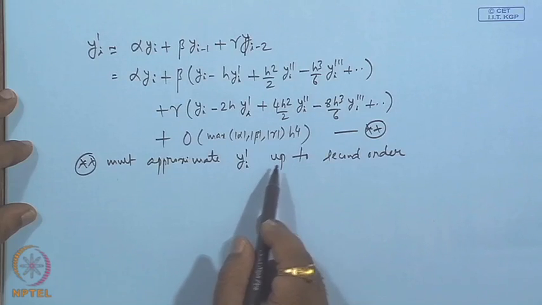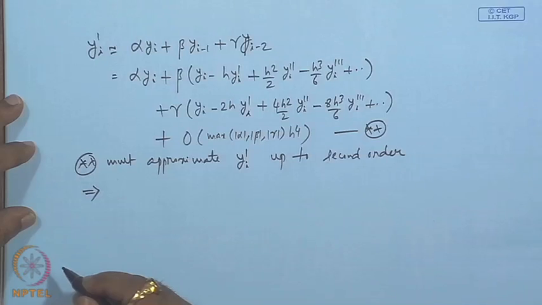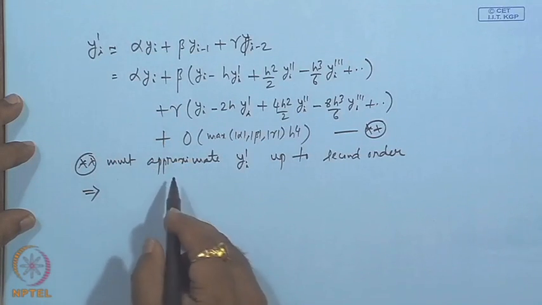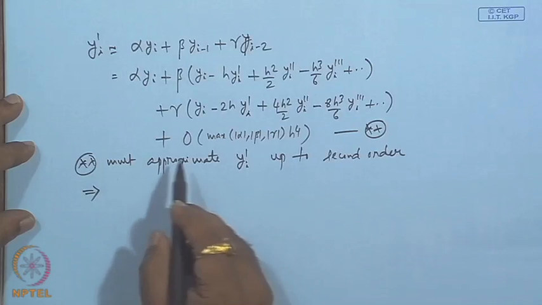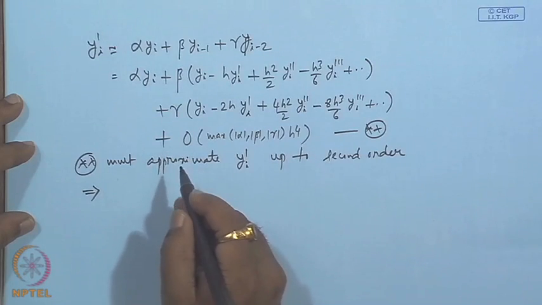Okay. So, let us force the coefficients up to second order. Okay. So, from here, we need up to second order approximation, right.